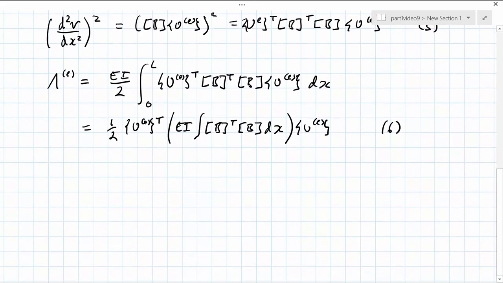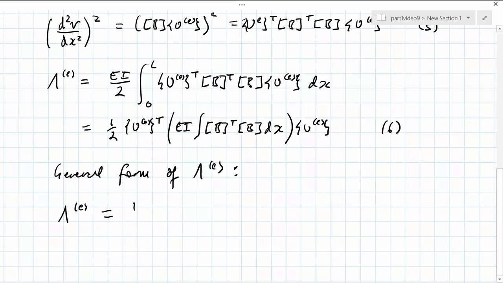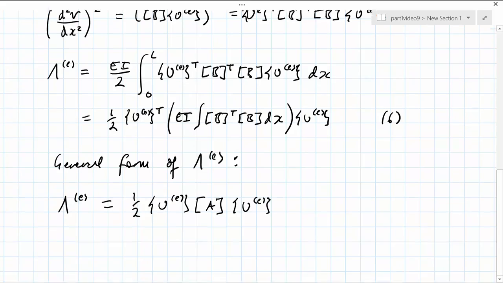In our previous video lectures, we showed that the strain energy can be written in the following general form. Lambda E is equal to half times ue transpose times a matrix A times ue.